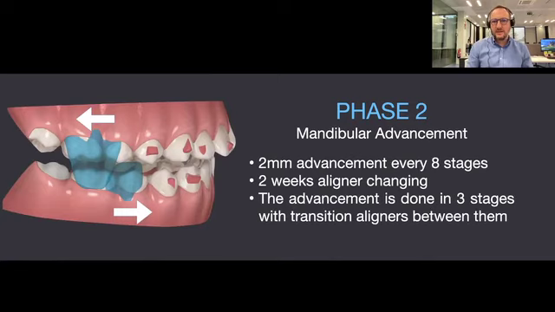So after correcting the vertical, we're going to use this strategy, and again, this is something that is for Invisalign only, right? You can use any other orthopedic appliance. You can use a first stage of aligners to correct the vertical, and then you can use the orthopedics, so it's going to work. But with Invisalign, you can order everything at the same time. So you can see here that we are stimulating with this ramp the lower to position more forward.